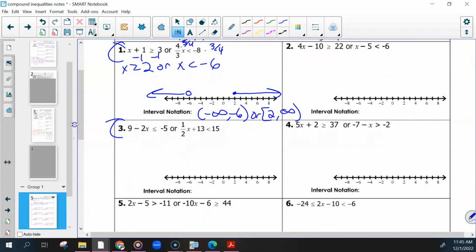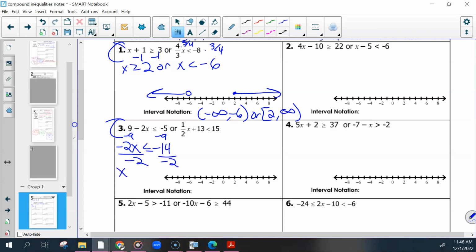So then 3 is going to be very similar. Solve the one on the left. It doesn't matter if you solve the one on the left or right first, as long as you do them both. I'm going to start with the one on the left by subtracting 9. Dividing both sides by negative 2.